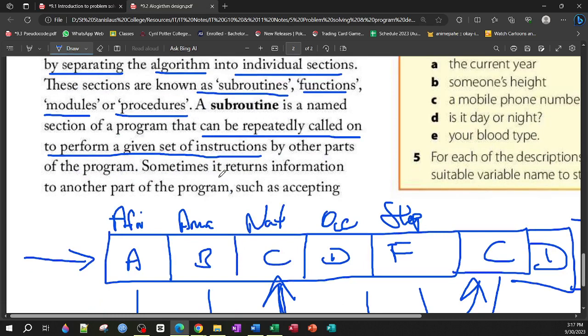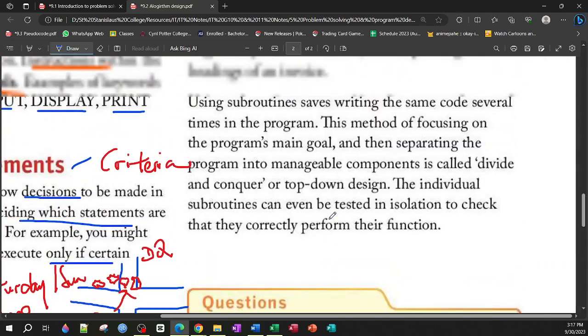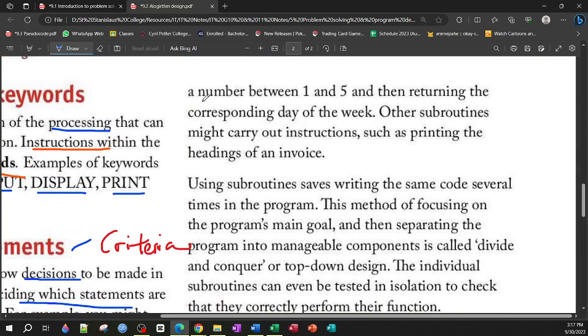So sometimes it returns information to another part of the program, such as accepting a number between 1 and 5, and then returning the corresponding day of the week. Other subroutines might carry out instructions such as printing the headings of an invoice.